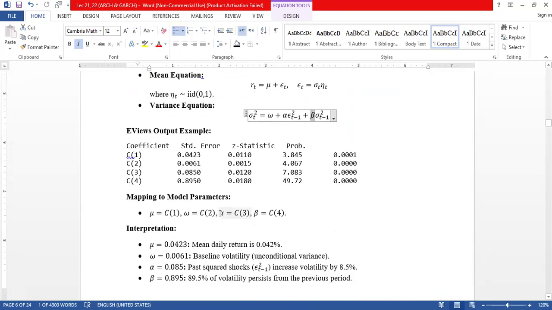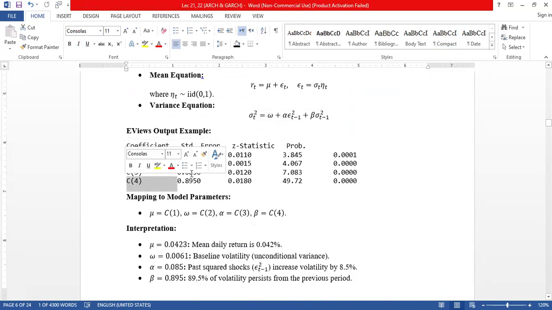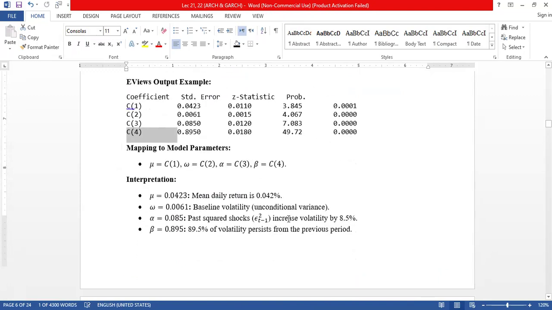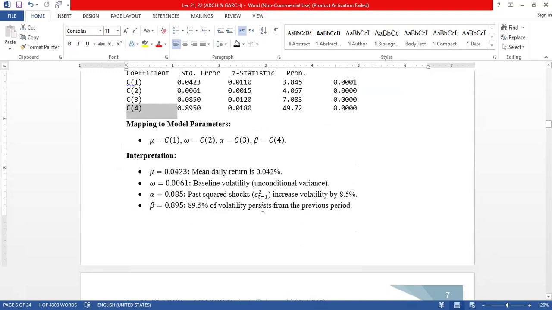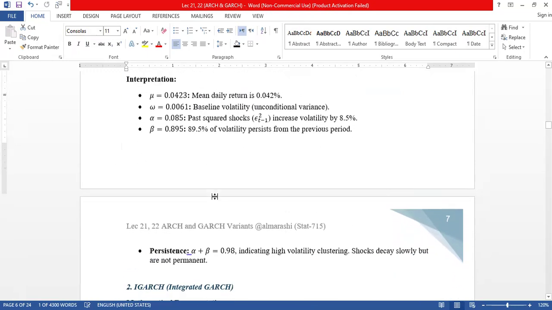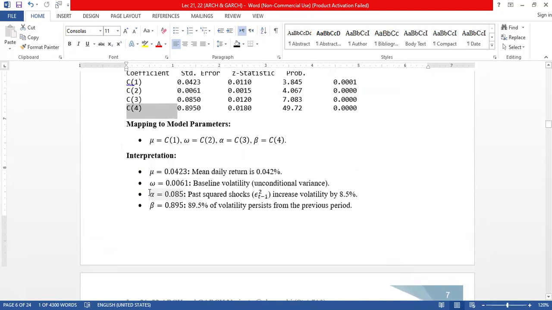So C3 is going to be your alpha, and C4 is going to be your beta, and both of these are significant, right? You should all go through these interpretations, which are very, very important. And if you add alpha plus beta, it should not be greater than 1. It should be less than or equal to 1.